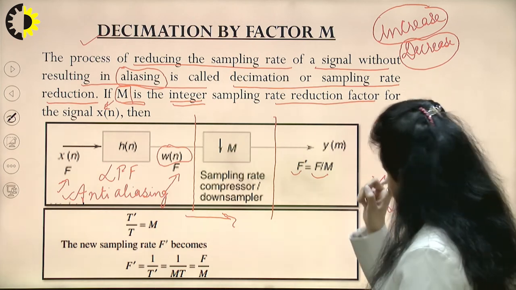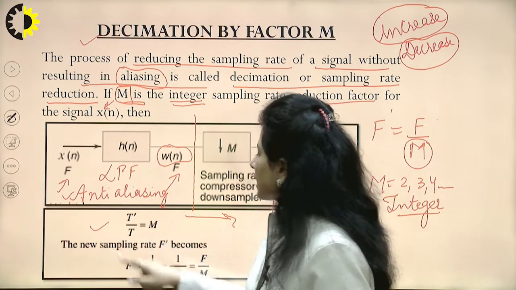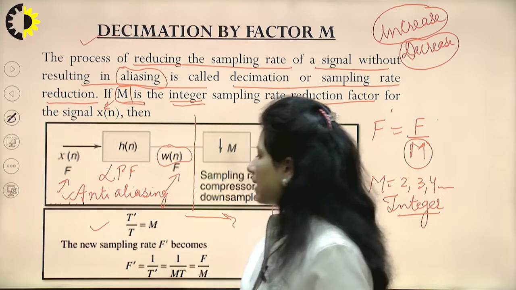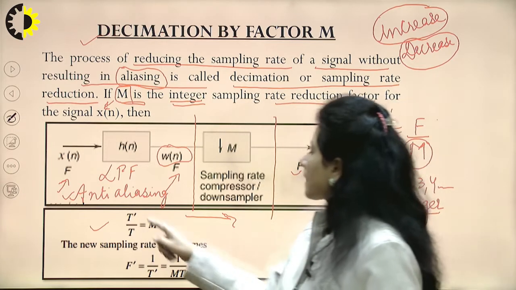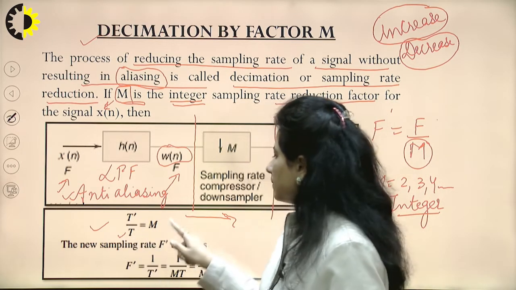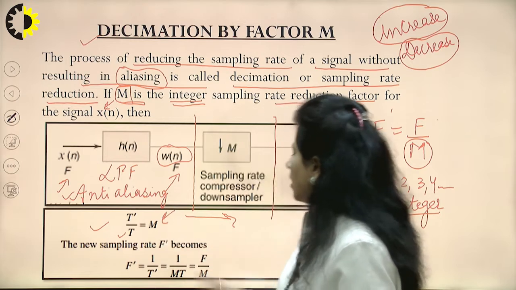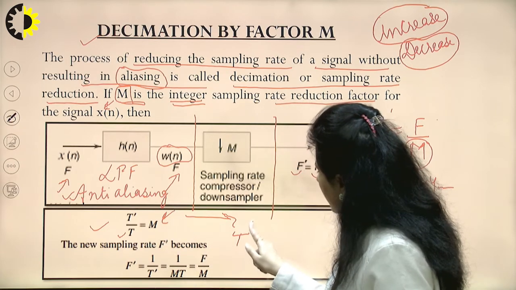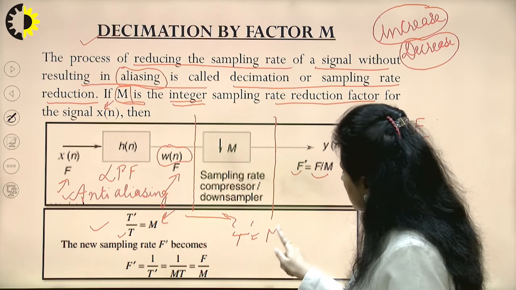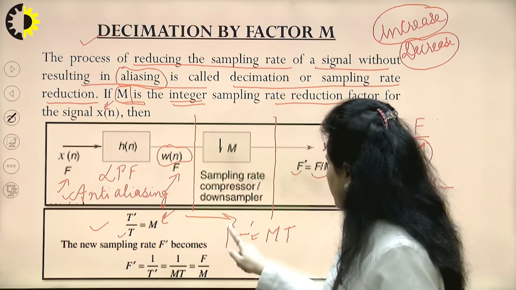Talking in terms of time, T dash, the new sampling time, divided by the old time, this ratio is equal to M, or I can say the new time is M times the old sampling time.